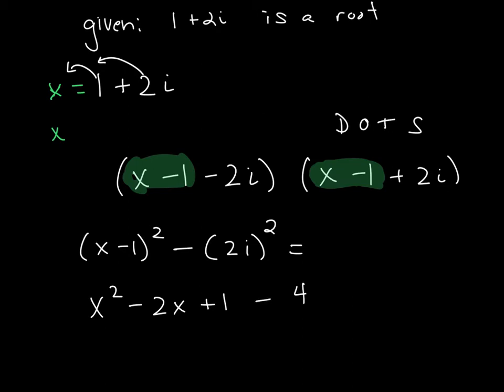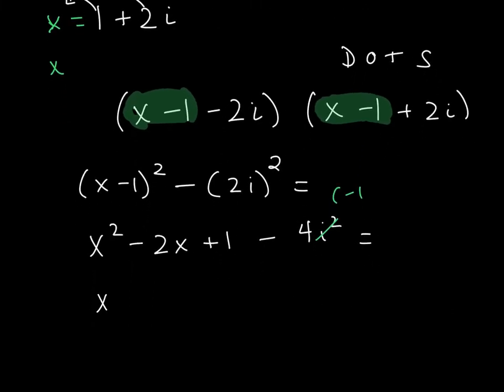minus 4i squared. I want to go ahead and replace that i squared with a negative 1, which leaves x squared minus 2x. This negative 1 turns that into a positive, and I get a positive 5.